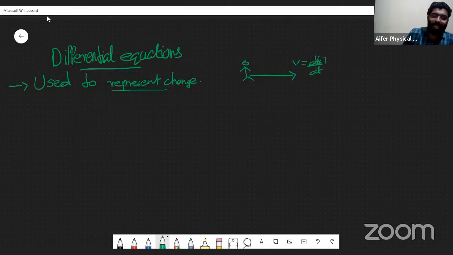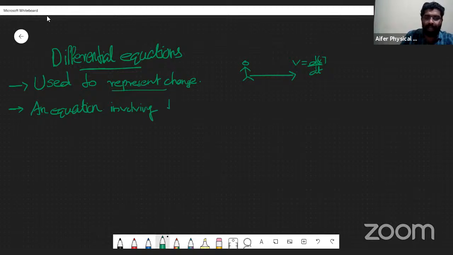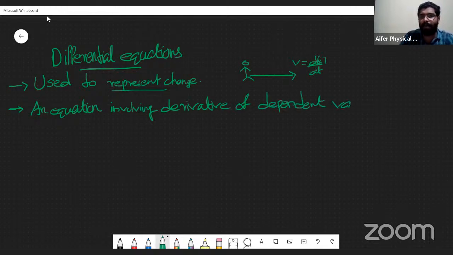What is the mathematical definition of a differential equation? A differential equation is an equation involving the derivative of a dependent variable with respect to an independent variable.